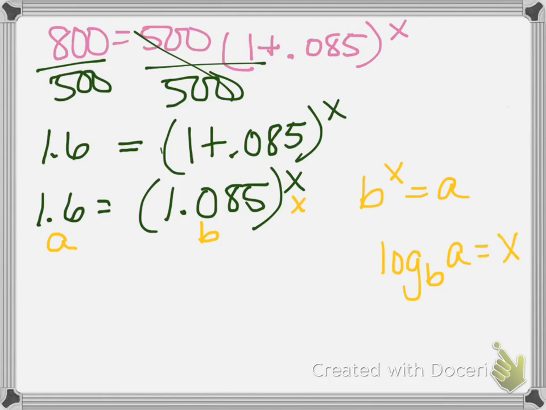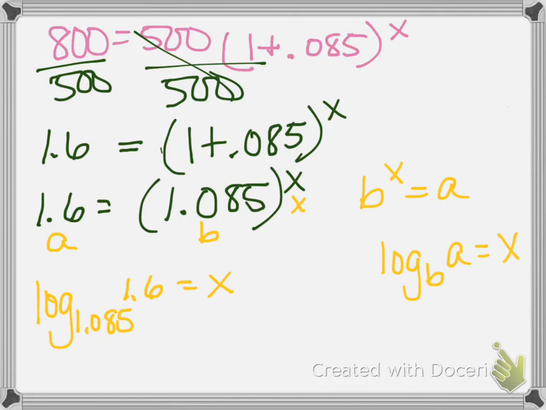So I'm going to transform the equation 1.6 equals 1.085 to the x power into the log equation. So I end up with log base b, which is 1.085, of a, which is 1.6, is equal to x.